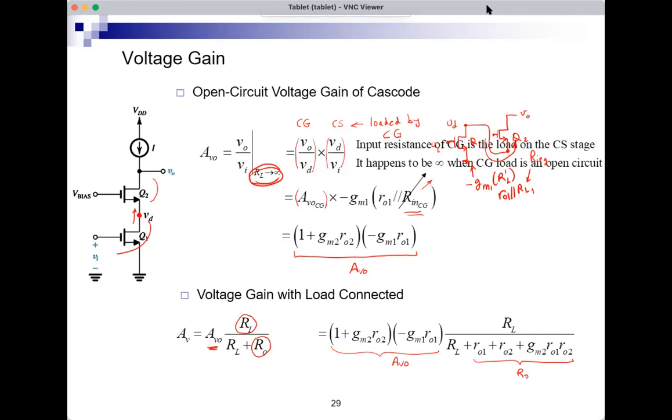Now, if you look at this expression, and if RL is not very large, you will see that the gain will drop. So if RL, say, is of the order of small RO, then the gain will drop very quickly. The open circuit voltage gain is very large, but if you connect a load which is of the order of small RO, the gain will drop very quickly. So this conclusion about large voltage gain for a cascode applies when either we have an open circuit at the load, or the load is a very large resistor.